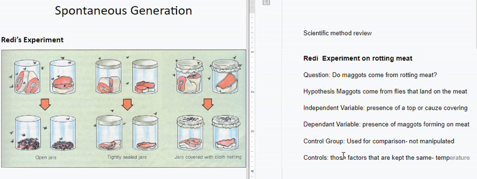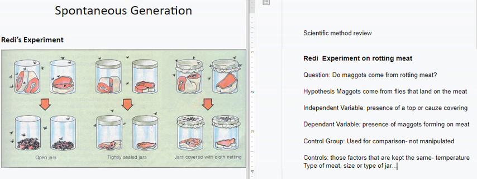Temperature, it could be type of meat, it could be size or type of jar. Everything about these has to be the same, or the results will be inconclusive.